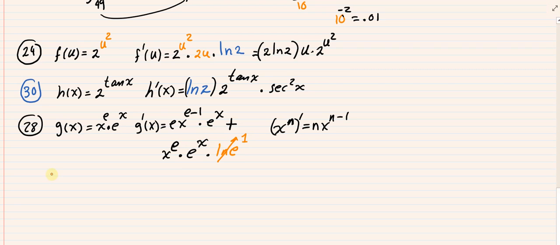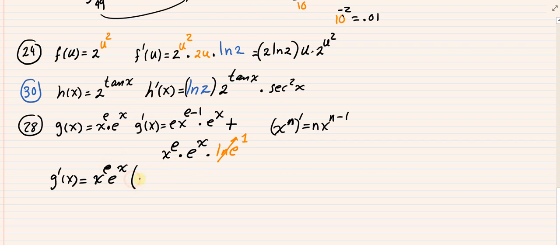Okay, and let's finalize this one. Therefore, g prime of x is going to be, let's see, I'm going to factor x to the e and e to the x. That's this expression.